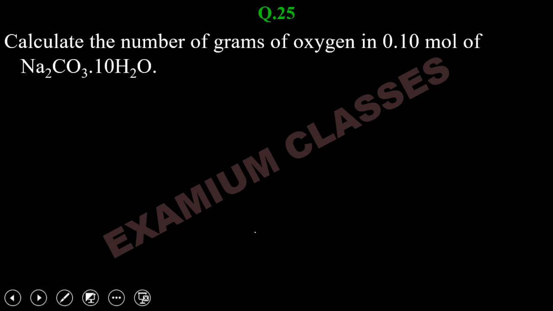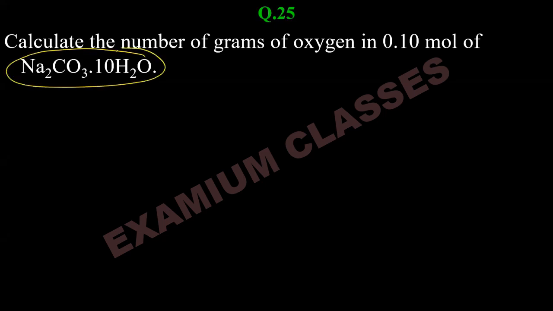Next, calculate the number of grams of oxygen in 0.10 mole of Na2CO3·10H2O. Now remember, in such cases, you will just find the relationship between one molecule and how many oxygen atoms are there. This is just one molecule of sodium carbonate decahydrate, because there are 10 H2O.